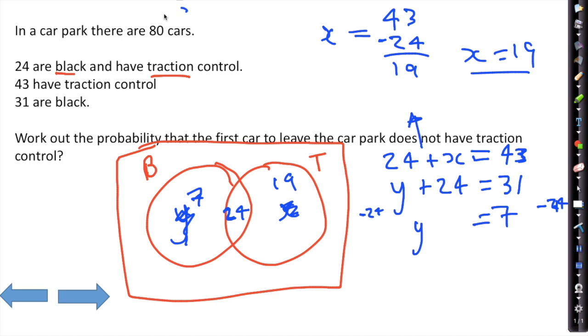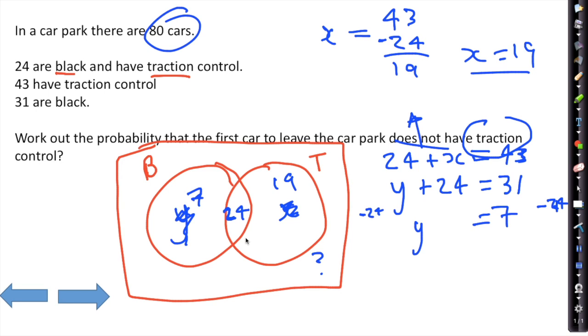We know that there are 80 cars overall, so there must be a number outside here to make everything add together to add up to 80, because it is possible that cars are not black or do not have traction control. So to work that out, you will need to do, because our question is do not have traction control.